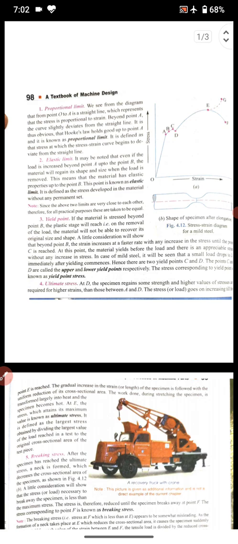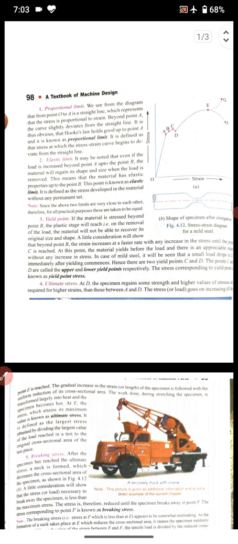The point C is called upper yield point, and point D is called lower yield point, respectively.